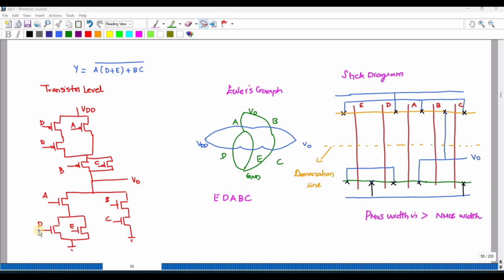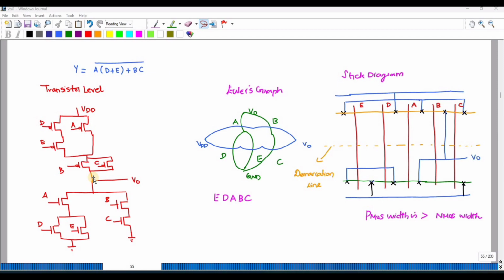So D and E are in parallel in NMOS, so I have drawn D and E in series for PMOS. Similarly, D and E are in series with A in NMOS, so I have drawn D and E in parallel with A. And you can see the whole block is in parallel with BC, so I have drawn it in series with BC.